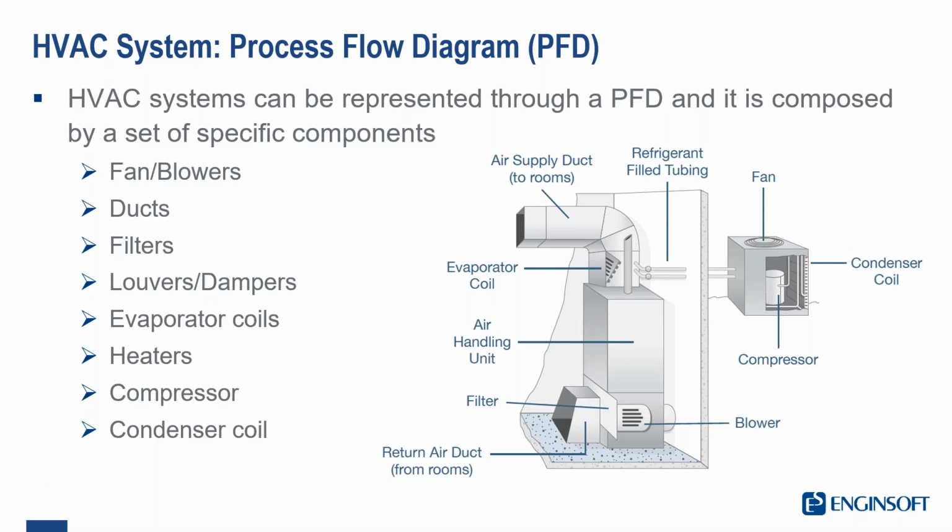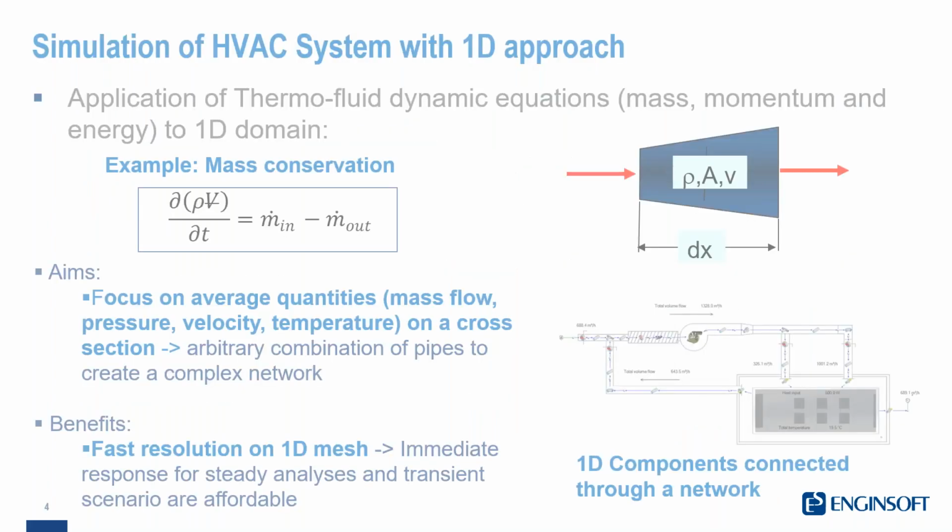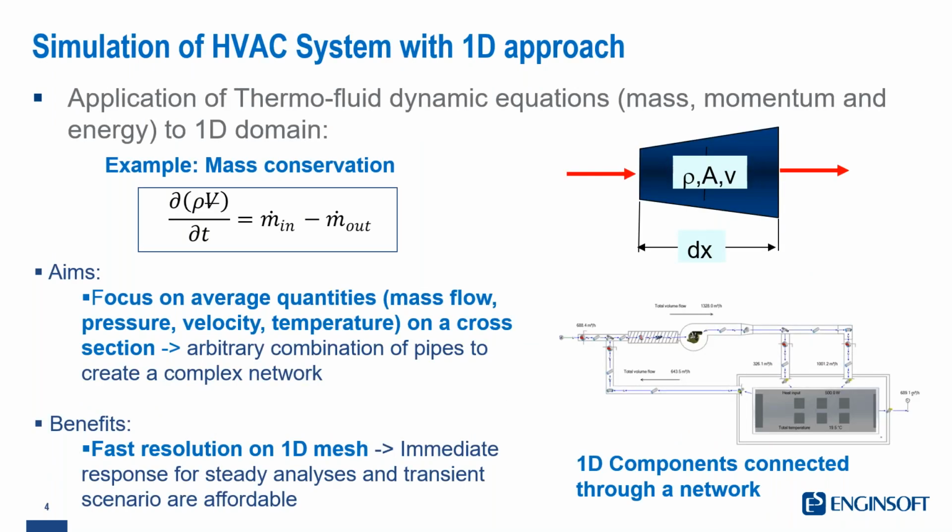So when you design it, you have a process flow diagram, and we will see that in the simulation we try to follow this process flow diagram. The idea is to follow a 1D approach, solving the fluid dynamic equations, because you have transportation of air, so you have the classical thermofluid dynamic equations, which are mass, momentum, and energy to be balanced, and you can use a 1D approach.